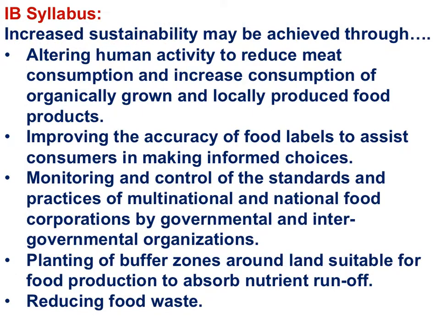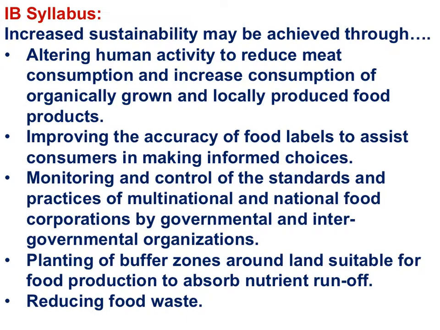Increased sustainability may be achieved through, first, altering human activity to reduce meat consumption and increase consumption of organically grown and locally produced food products. Secondly, improving the accuracy of food labels to assist consumers in making informed choices.